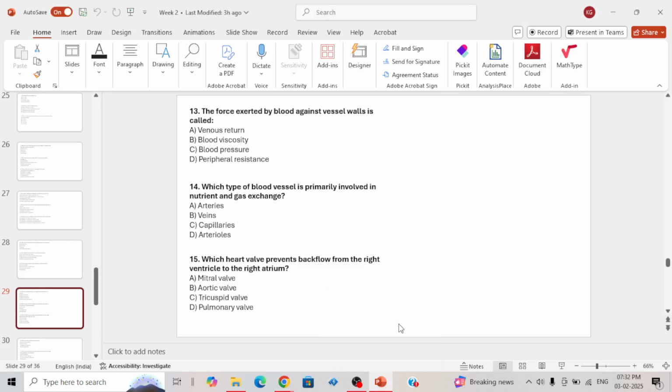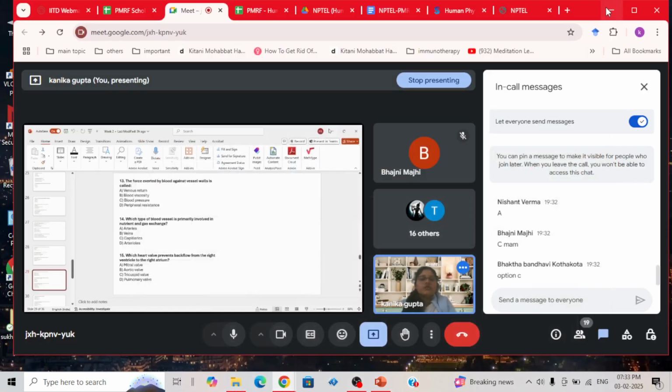Next question is, which heart valve prevents backflow from the right ventricle to the right atrium? Read the question carefully. Which valve prevents the backflow of blood from the right ventricle to the right atrium?